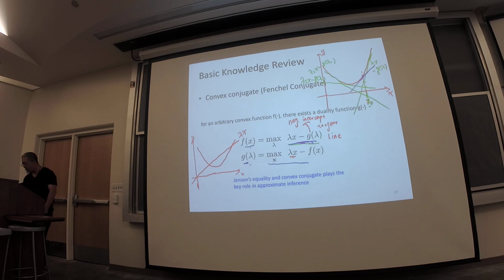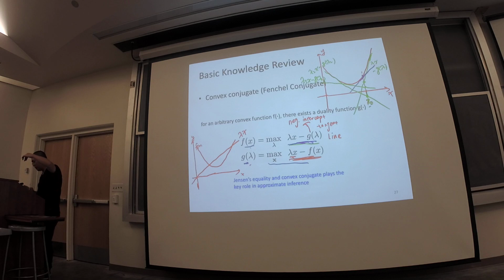So let us take a look at the right-hand side. So the right-hand side is just the difference between lambda x and f(x). So this is lambda x, and this is f(x). So how do we represent their difference? You just draw a bunch of vertical lines, right?